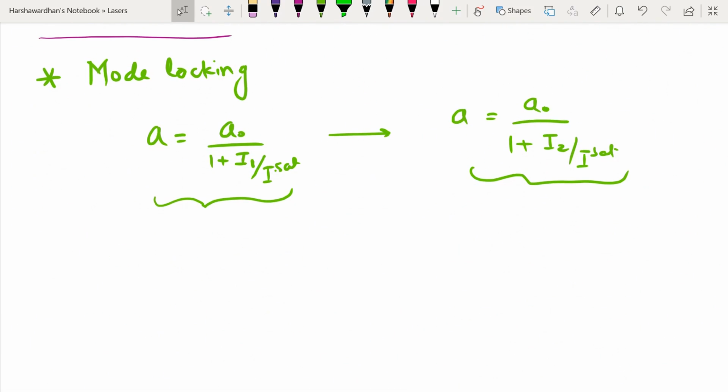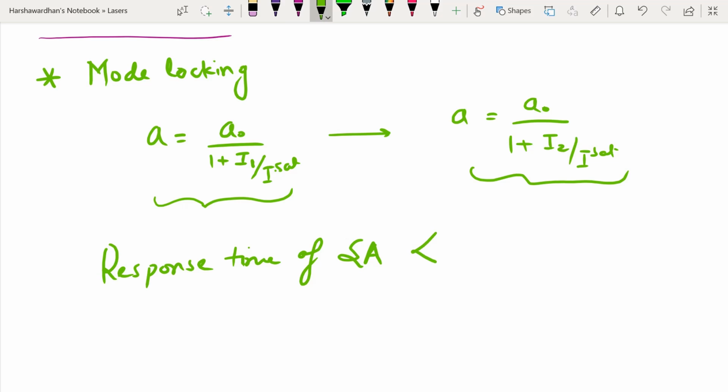So basically what we want is the following: there should be no transience in the absorption coefficient of our saturable absorber, and rather the transients should die out within the round trip time. So the response time of the saturable absorber should be less than 2L by C, which is my round trip time.